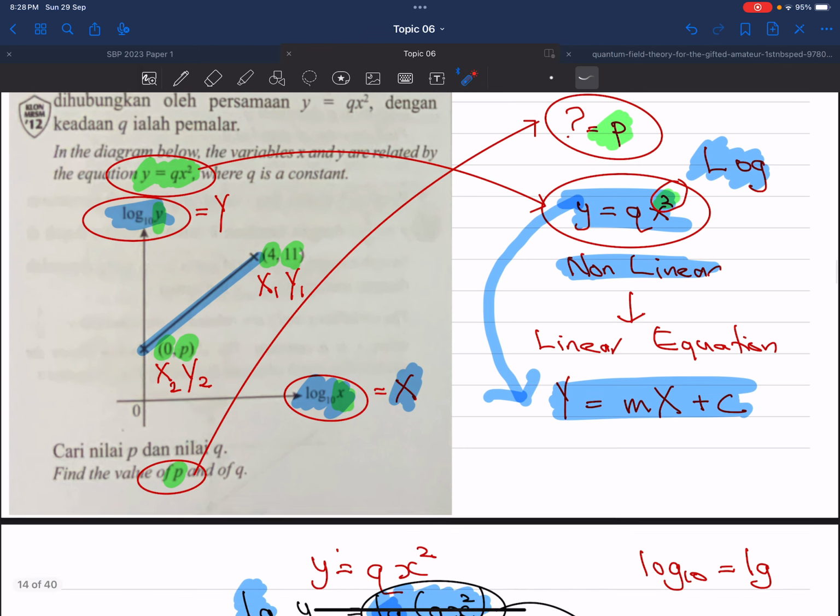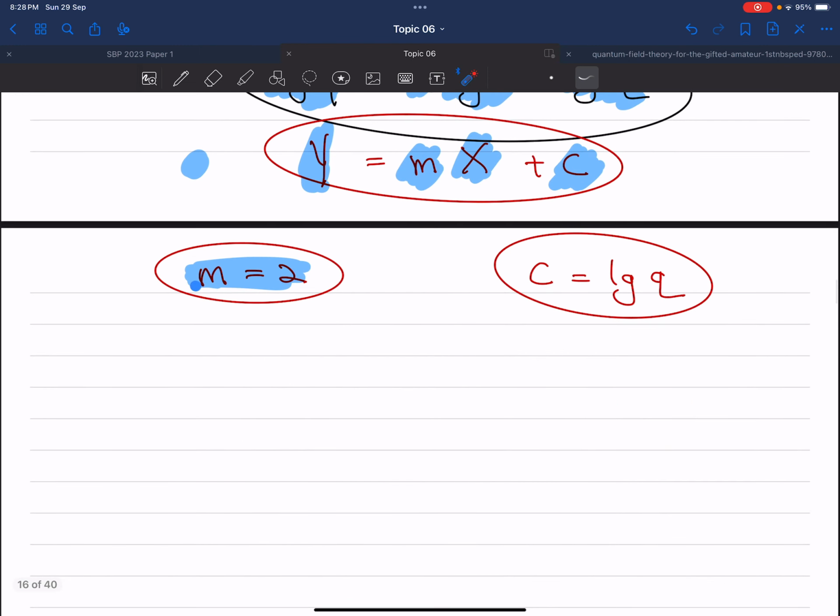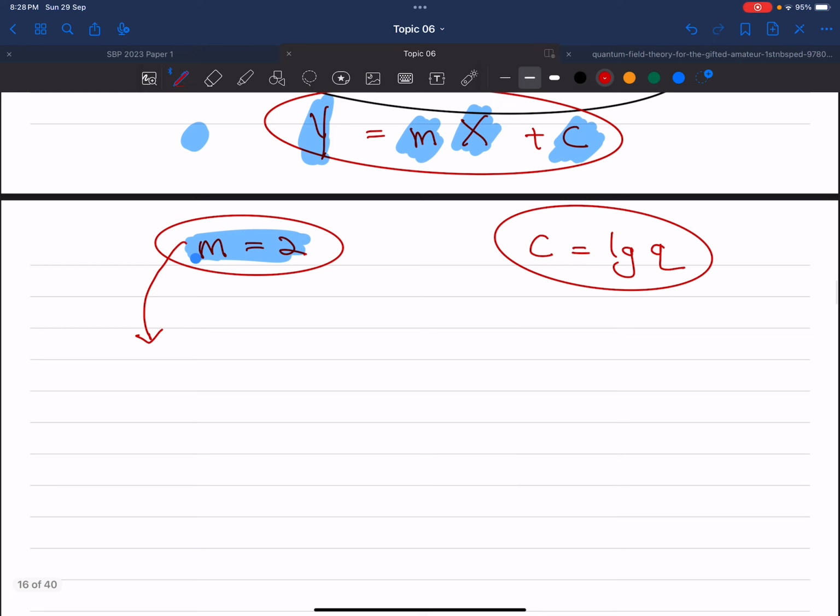So now, gradient, use the formula of gradient, which is Y1 minus Y2 over X1 minus X2. This is 2. All we have to do now is substitute Y1 minus Y2, X1 minus X2.